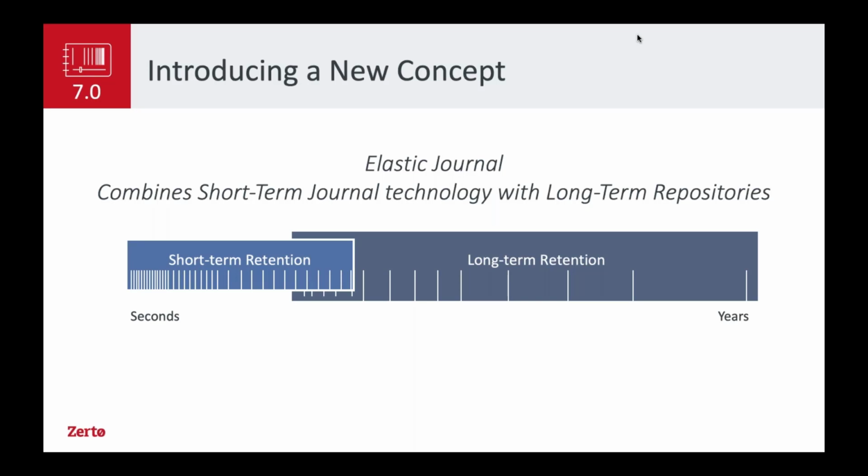That combination allows you to understand how well a virtual machine, an application, or a set of applications is protected. How well protected is my site? That Elastic Journal completely combines those technologies together.